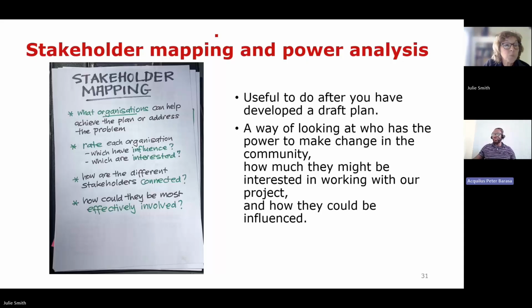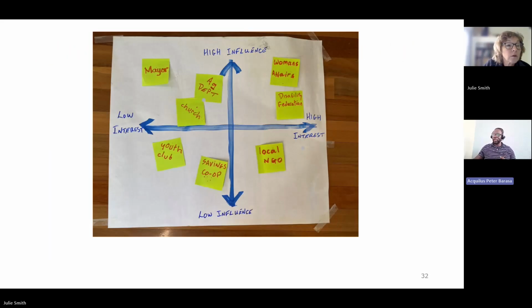How are different people connected? So these are some of the questions that you could ask. So here you've got an example where we've looked at, okay, who's got high influence? Well, we can see that the mayor has got high influence, but is not interested.